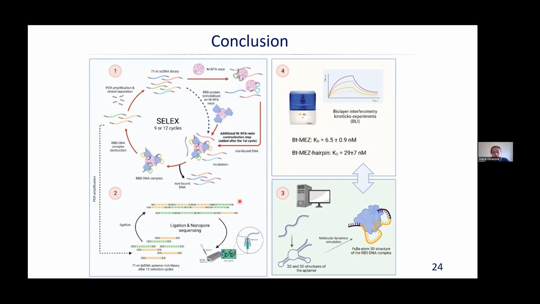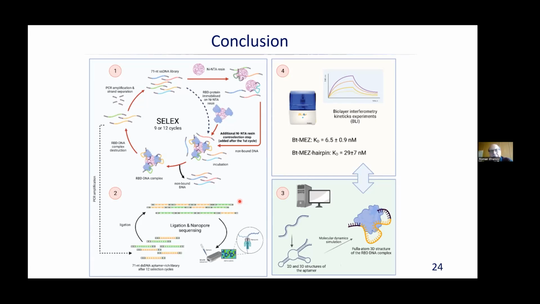What was the novelty of our work is that, first of all, we wanted to reduce the size of the aptamer. Of course, the smaller the molecule, the better. And also, we used nanopore sequencing to determine the structure of the aptamer. But anyway, the idea of selection of an aptamer to the RBD domain is not a new one.